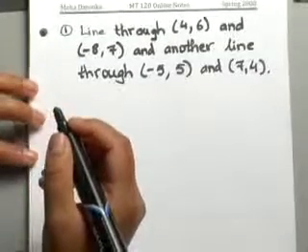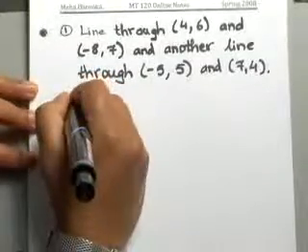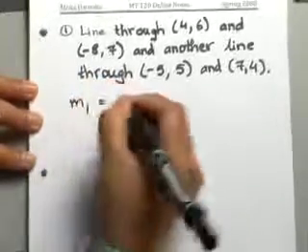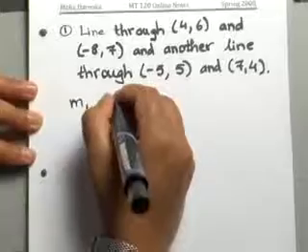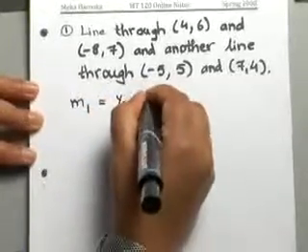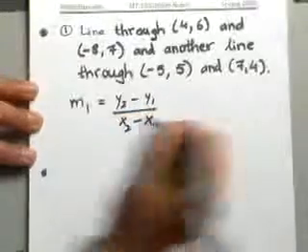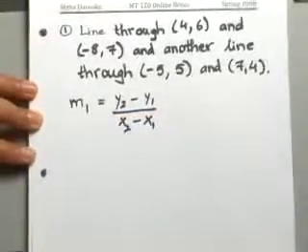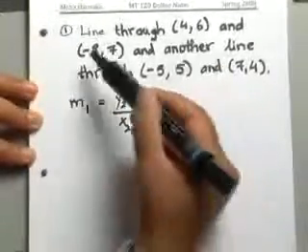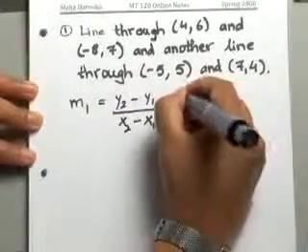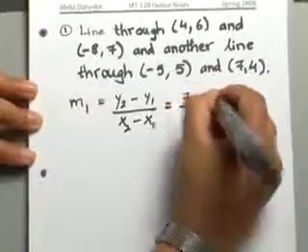Let's call this line 1, with slope m1. And again, remember your slope formula is y2 minus y1 over x2 minus x1. So using these points (4, 6) and (-8, 7), we will go ahead and find our slope.